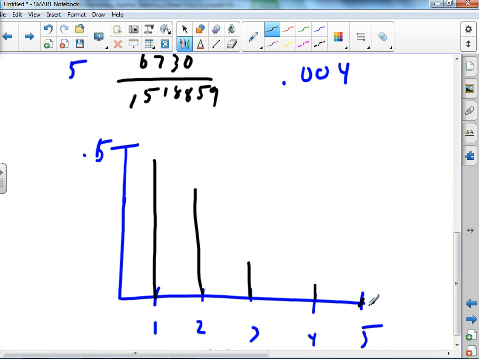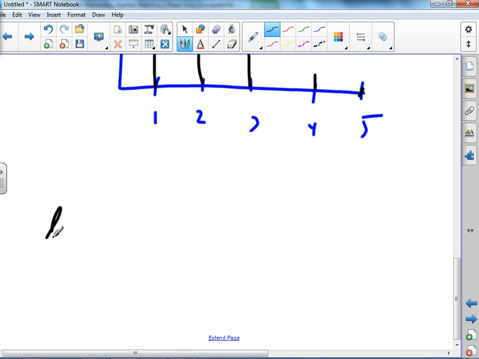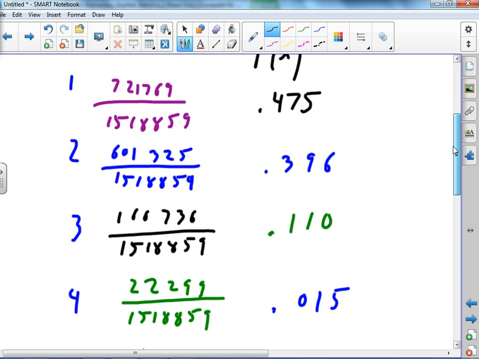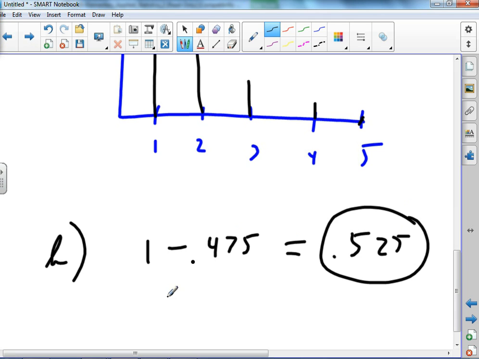Something like that. What is the probability that a student takes the SAT more than once? More than once. So it'd be 1 minus the probability of only taking it once. So 0.525 would be the probability of taking more.